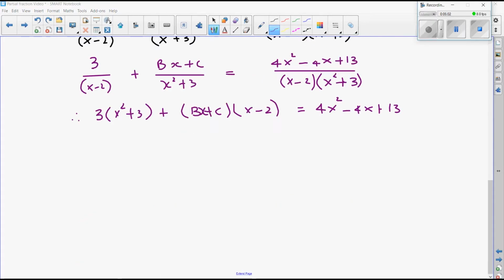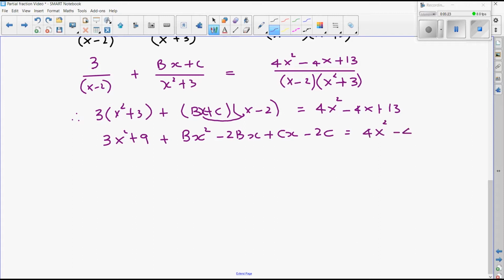So now I need to multiply, so I get 3x squared plus 9. Apply the distributive property here, so I got bx squared minus 2bx plus cx minus 2c equals 4x squared minus 4x plus 13.